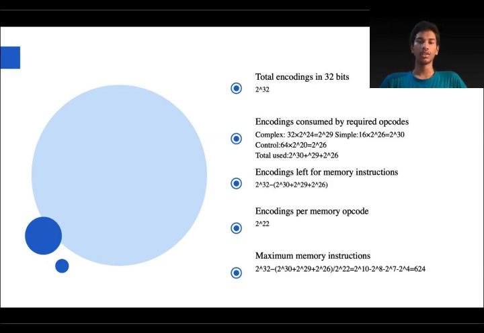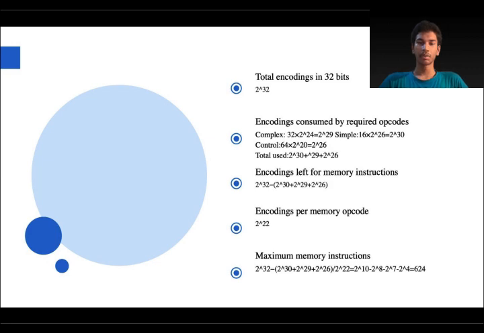So the total used by these three, complex, simple and control, is 2 power 30 plus 2 power 29 plus 2 power 26. And the encodings left for memory instructions are the total encodings possible with 32 bits minus the total used by complex, simple and control, which gives 2 power 32 minus (2 power 30 plus 2 power 29 plus 2 power 26).